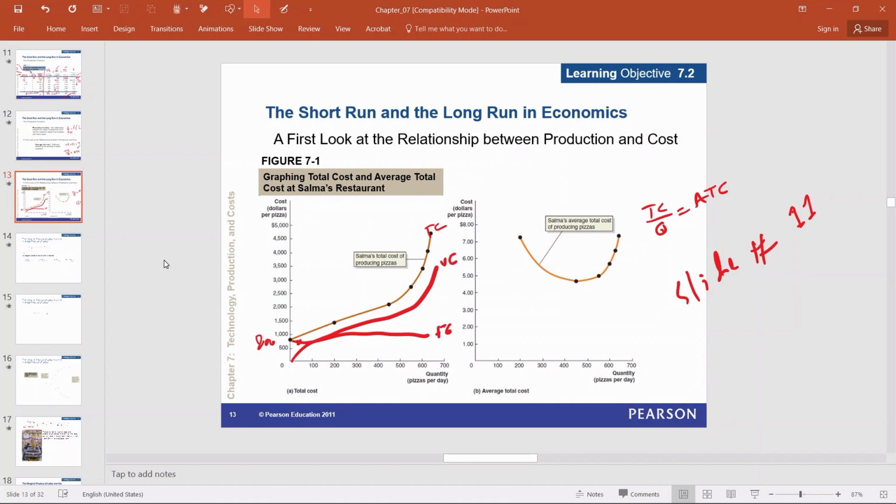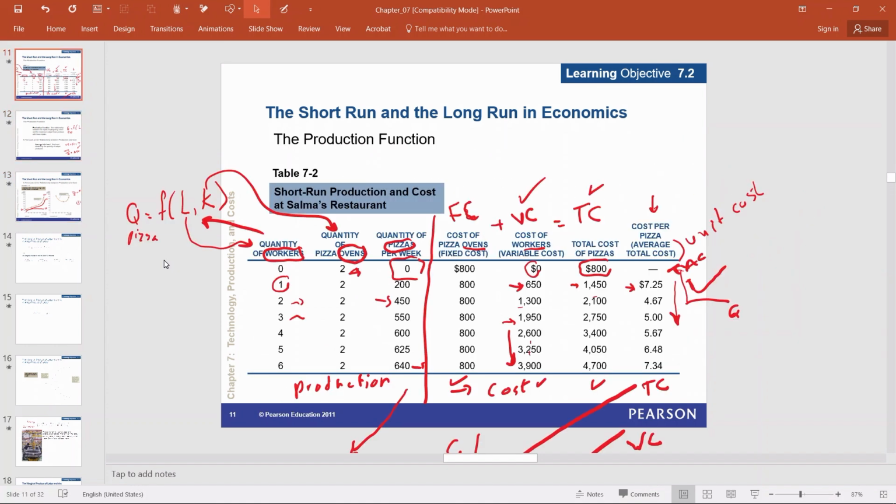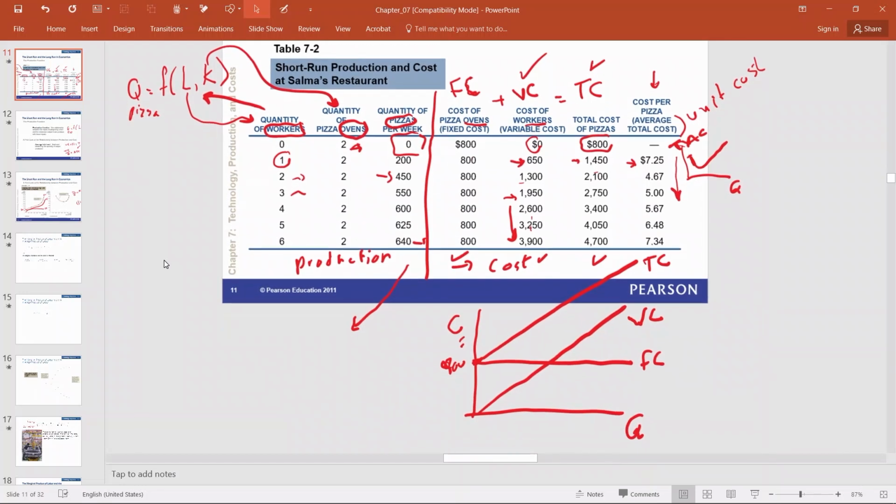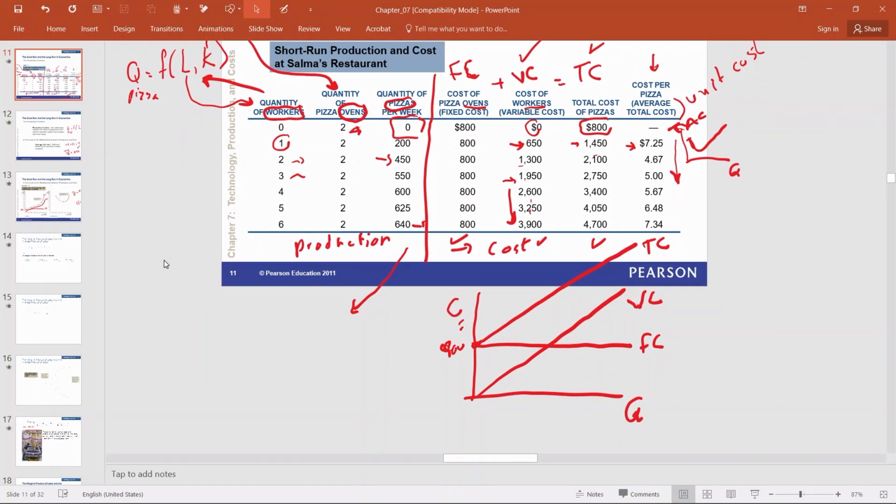Okay, I want to go back again to talk about the production side. So if I'm going to draw the production curve, here we are interested to know how much production level we can produce by increasing the number of labor.